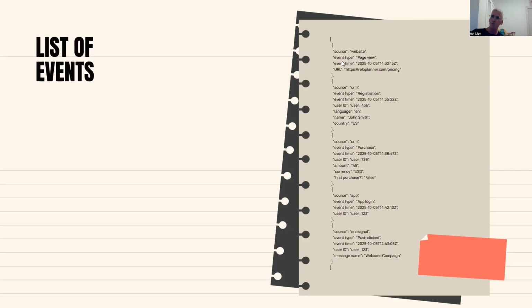Now, the other option, which is what we defined here and is definitely the best practice, is to use a single page view event and, as one of the properties, add the URL or the page name or the page title. When you're doing this, your level of flexibility when you're building funnel reports and other things is much higher.